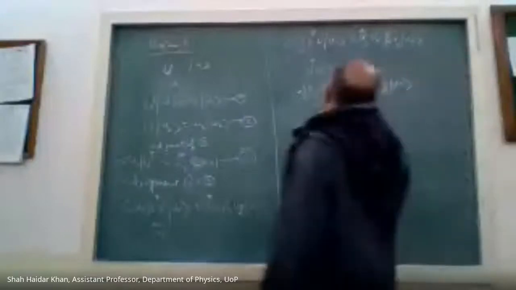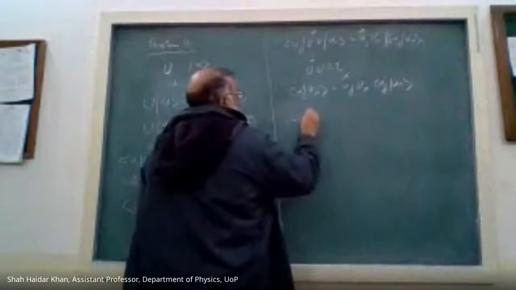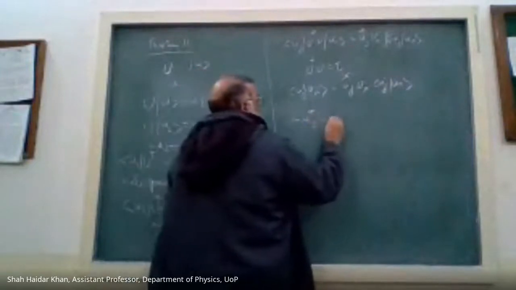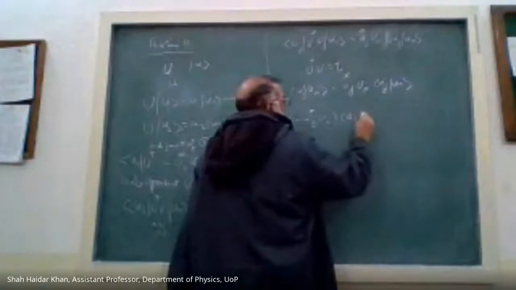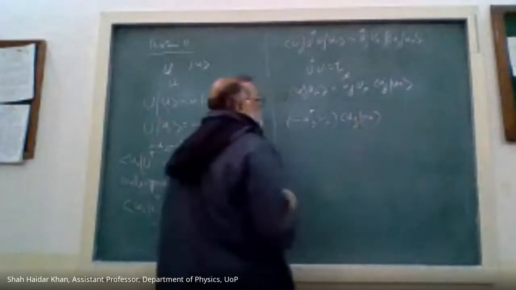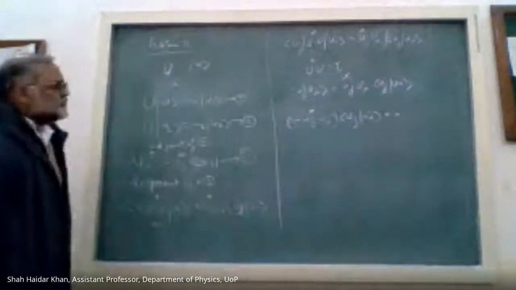I bring this to the side and write it like this: 1 minus u_j star u_i times u_j and u_i equals 0.